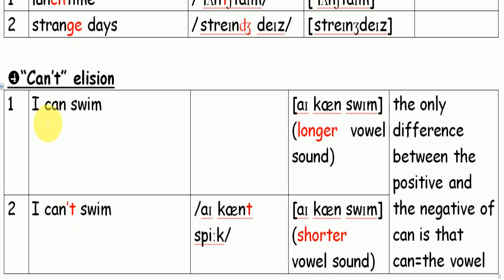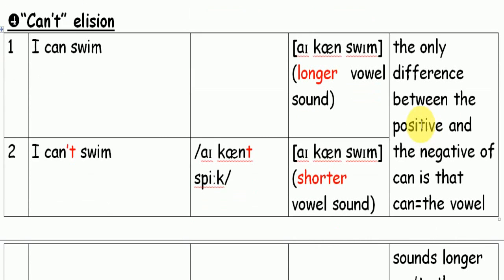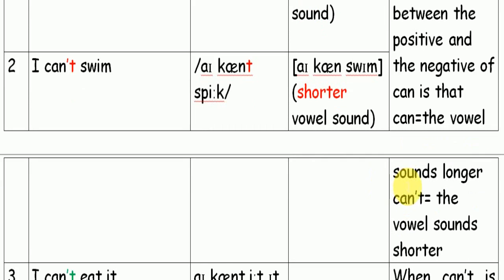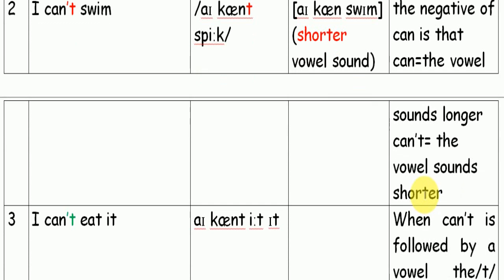So one more time, I can swim, but here I can't swim. The only difference between the positive and negative is that in can, the positive form, the vowel sounds longer, but in can't, the negative form, the vowel sounds short.